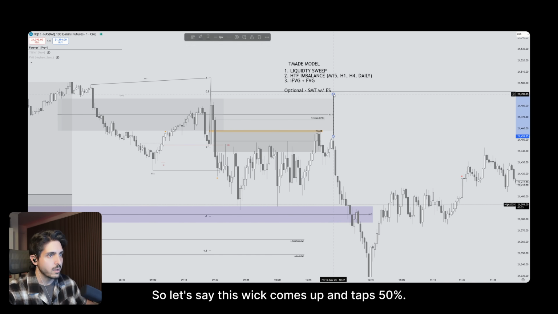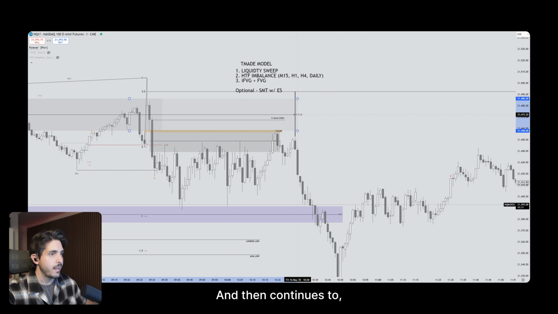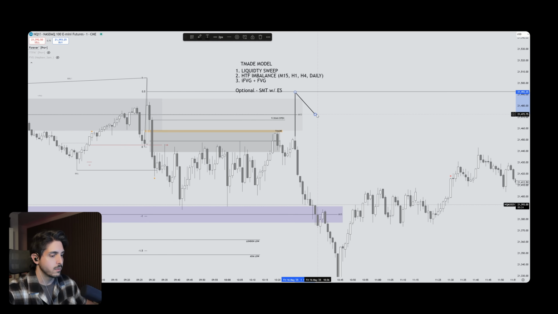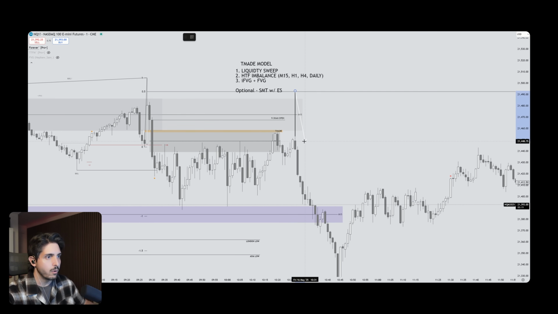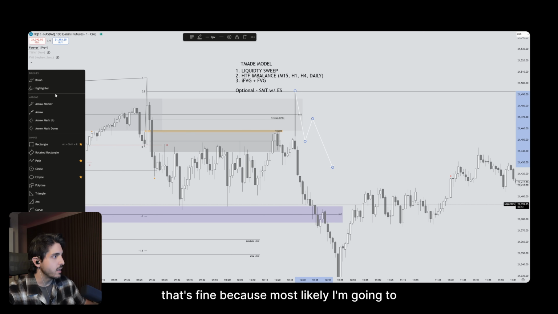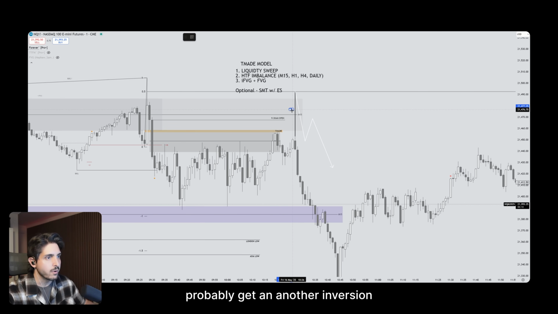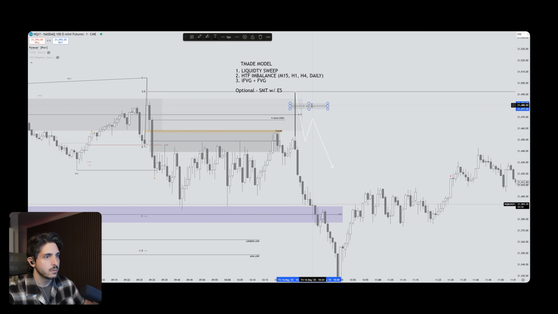So let's say this wick comes up and taps 50%. Okay. And then continues to push lower and close back below this 15-minute here and then continue lower, right? Well, that's fine because most likely I'm going to probably get another inversion right around here, right?